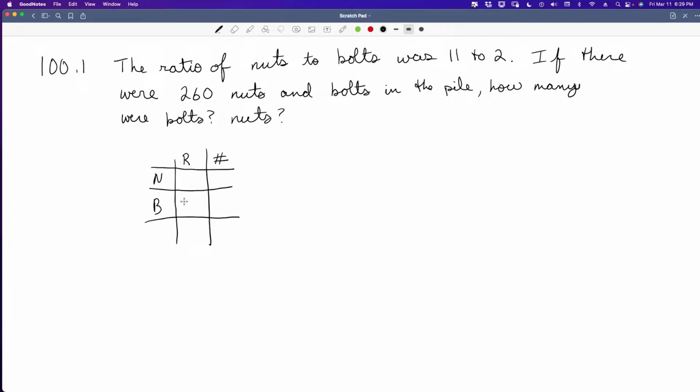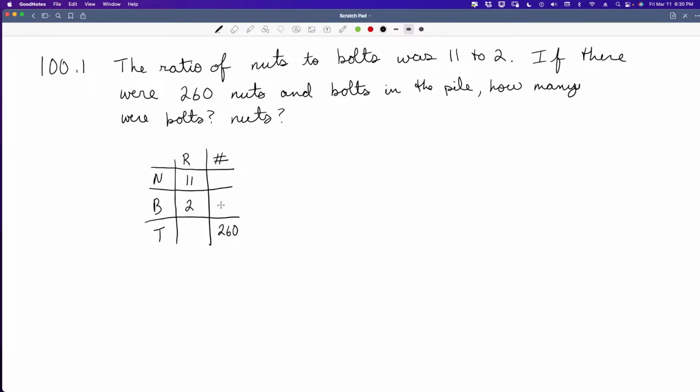We need to have some type of proportion, two fractions, that we can do our cross multiplication with. So this is our total. Nuts to bolts was 11 to 2, and the total number of nuts and bolts was 260.